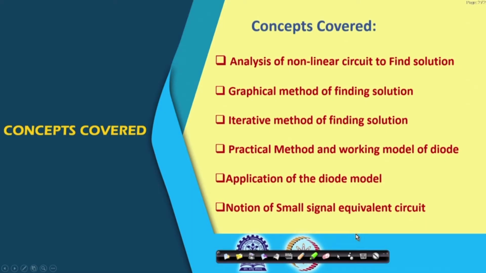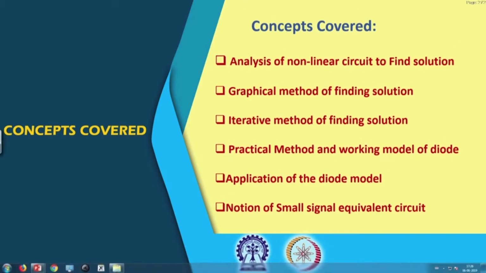So, let us see what plan we have today, and how it is consistent with our weekly plan. What we are planning today is that we will start with nonlinear circuits.